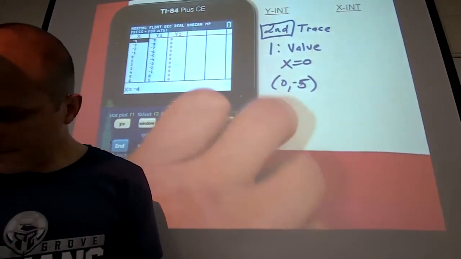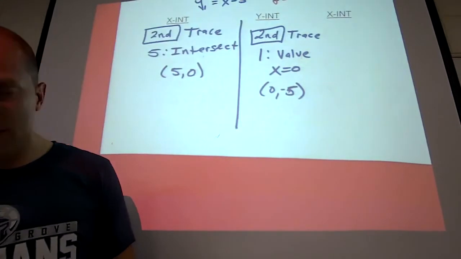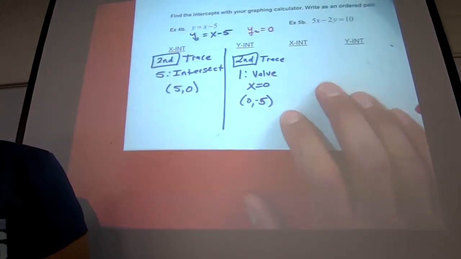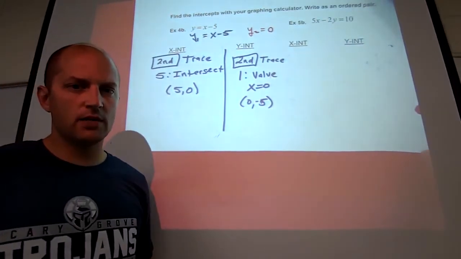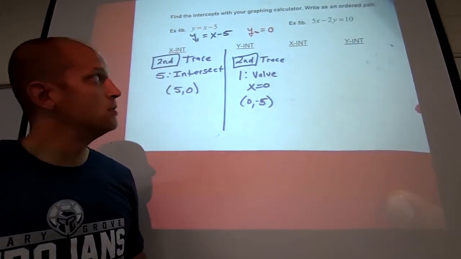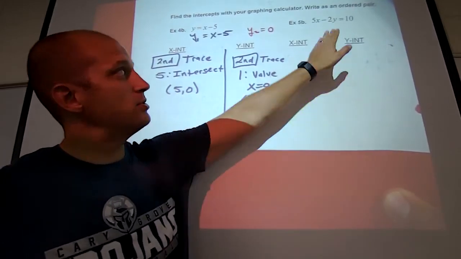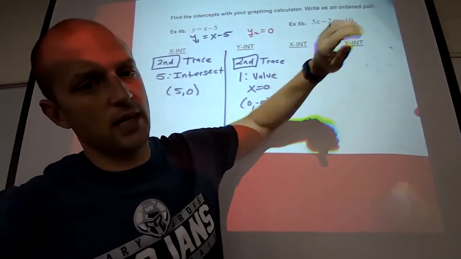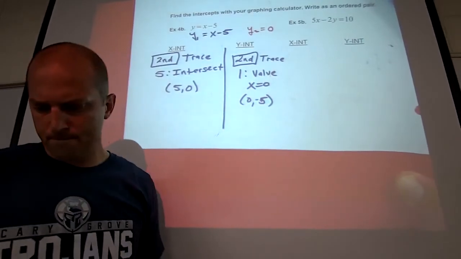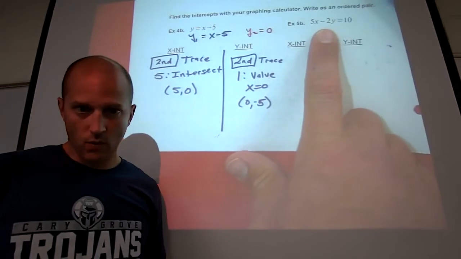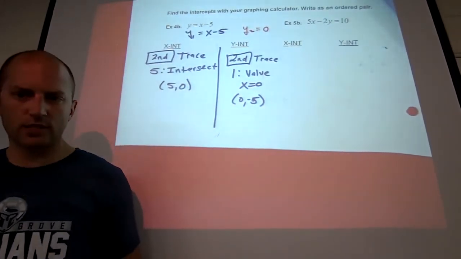All right. Questions with number 4b. Now, I don't want to do number 5. I'm just going to talk about what we do with number 5. How can't I punch this in the calculator until I do what? Y equals. Yeah, I want to solve for y.